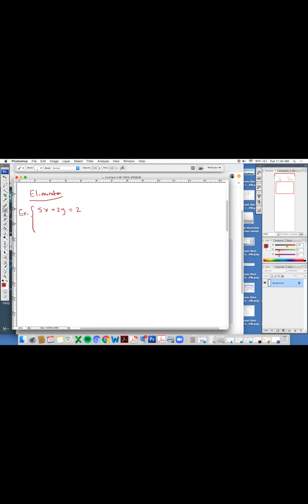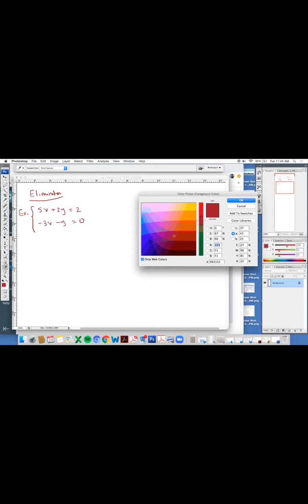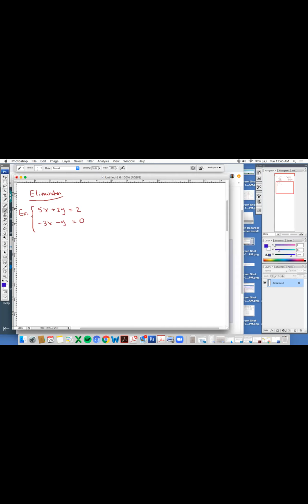So 5x plus 2y equals 2 is our first equation. Negative 3x minus y equals 0 is our second equation. For the elimination method, you want both equations to be in standard form, where the x and the y are on one side and the number is on the other.